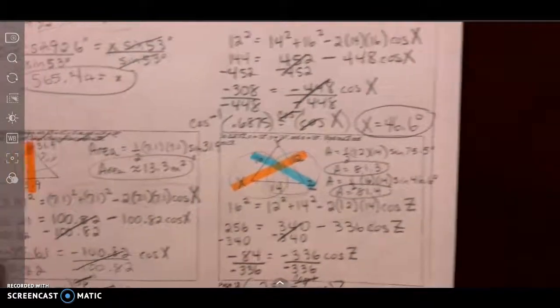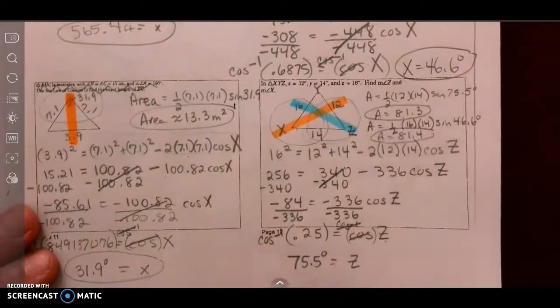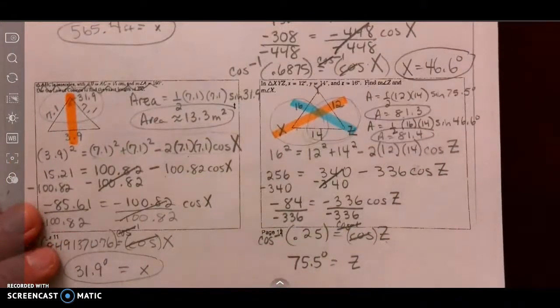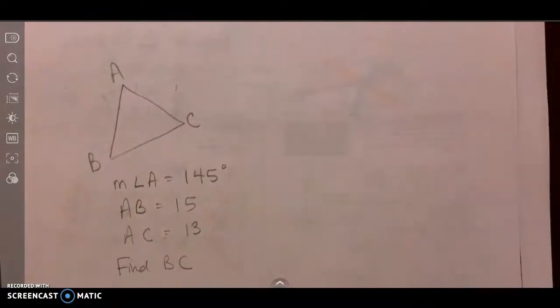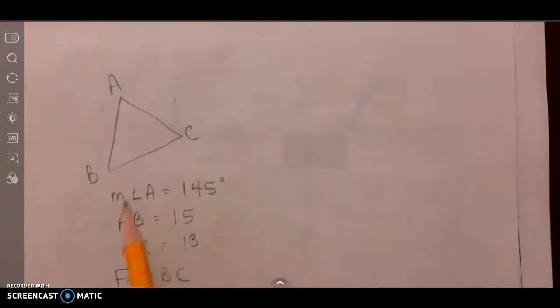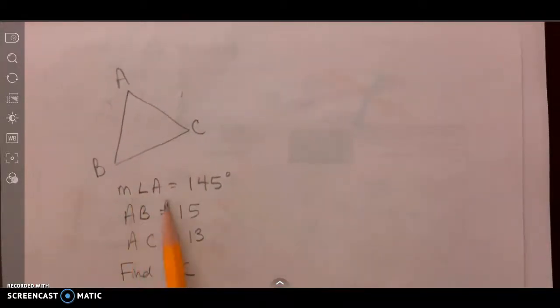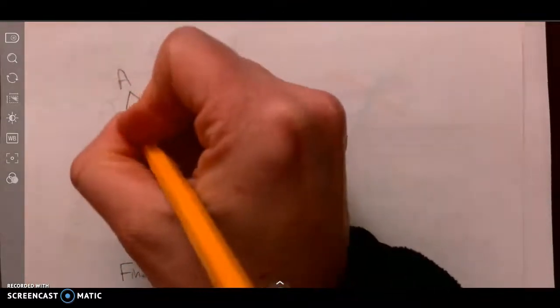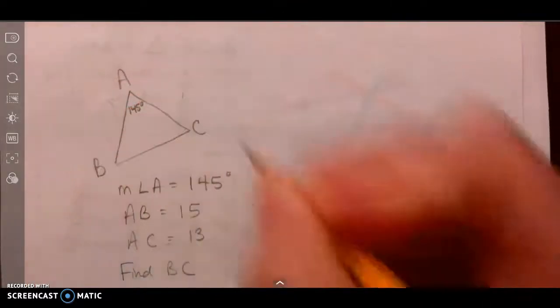So now we know law of cosines, we know law of sines, and we know the area formula. Right. I've added this example in because with law of cosines, I haven't done one yet where I asked you to find the length of a side. So I've drawn just a regular ABC triangle. And let's say we know that the measure of angle A is 145. So this is 145.